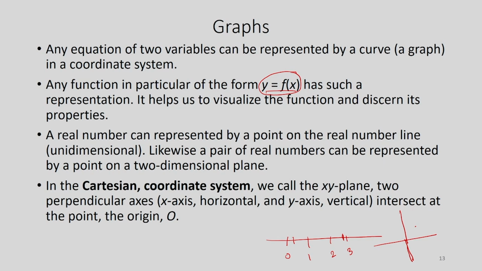In the Cartesian coordinate system, we call it the xy plane, with two perpendicular axes. So, these are the two perpendicular axes. X axis is the horizontal axis. So, here you have 0, here you have the x axis and you have the y axis here.